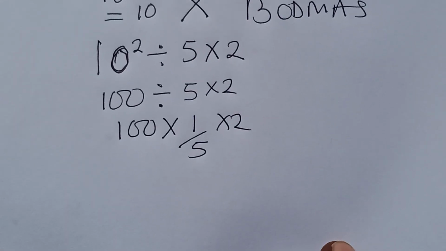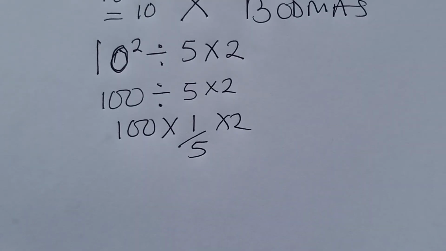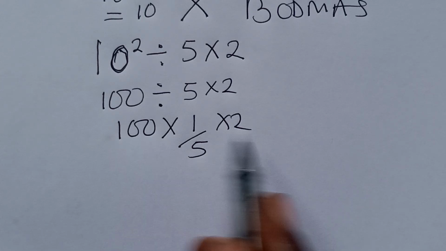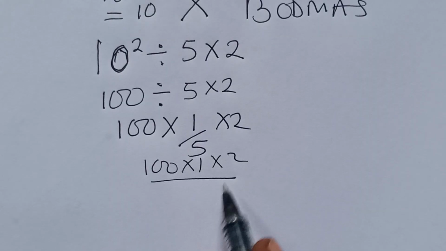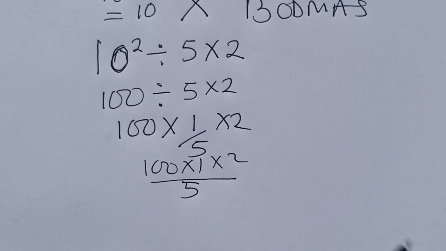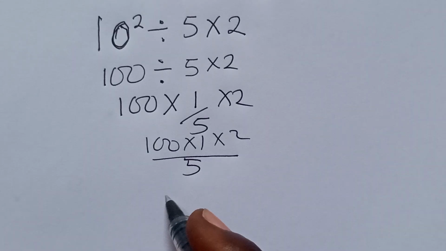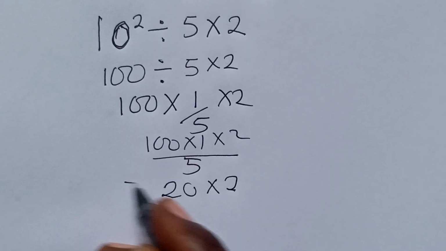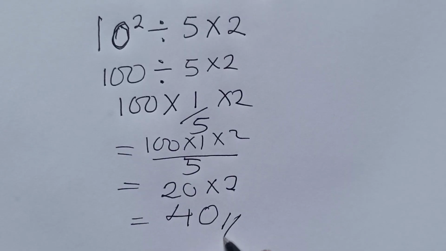Now we can multiply all these, which is 100 times 1 times 2, all divided by 5. And 100 divided by 5 is 20. Now we have times 2. So this is equal to 40. So this is our final answer.